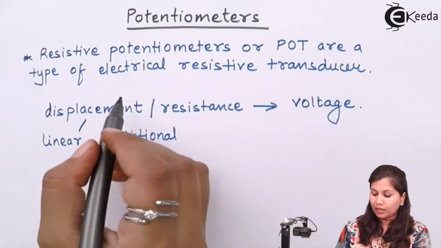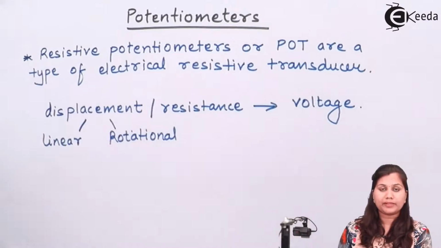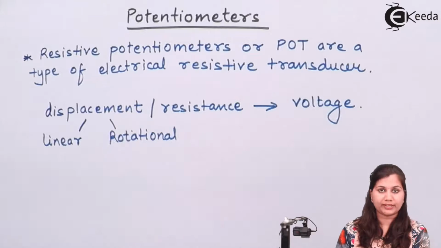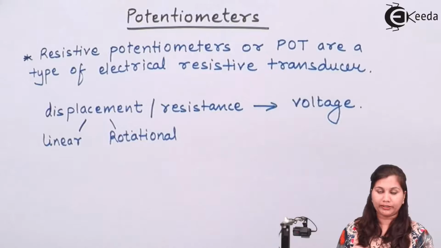Now, the electrical resistive transducers work on the principle that they measure the changes in the value of the resistance, and with the help of the change in the resistance, they measure some other physical quantity.